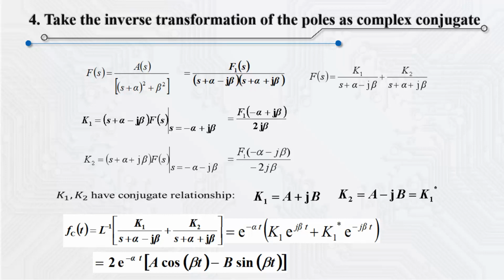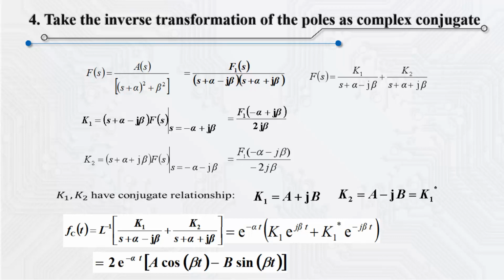The denominator of k1 is 2j beta, and the denominator of k2 is -2j beta. The denominators are conjugate. According to mathematical nature, since the numerators and denominators are conjugate, k1 and k2 are conjugate, making k1 equal to a plus j b, then k2 is a minus j b.